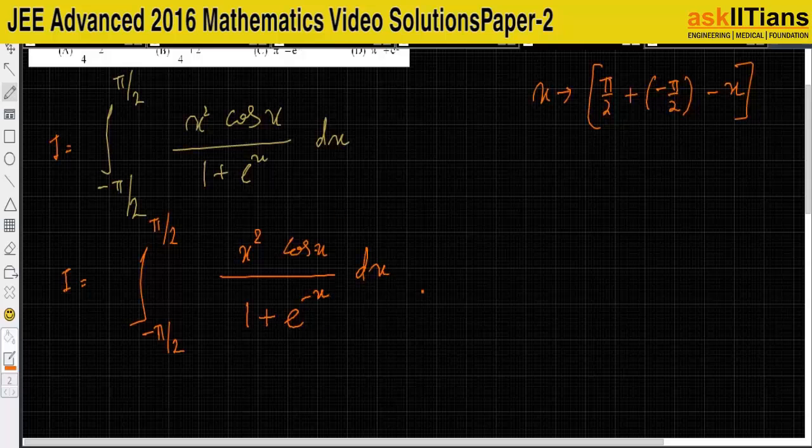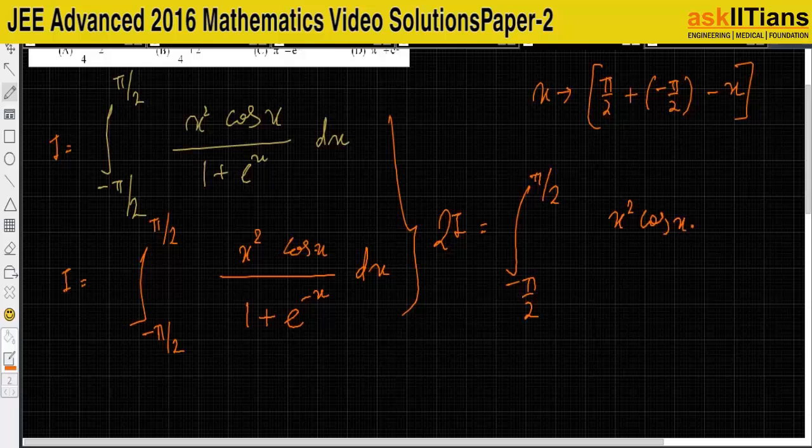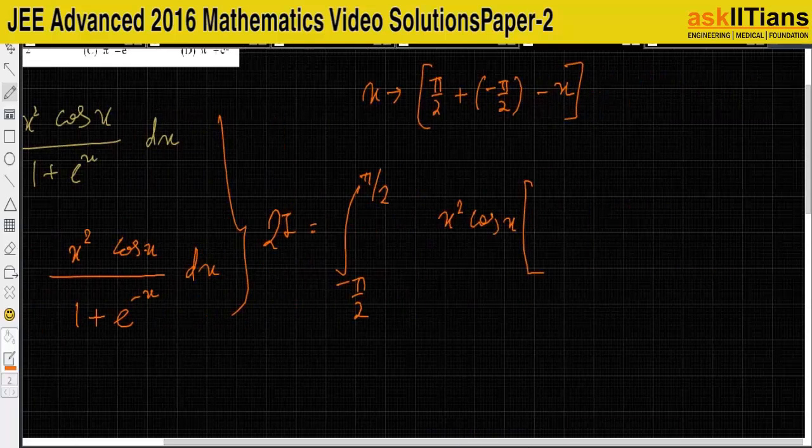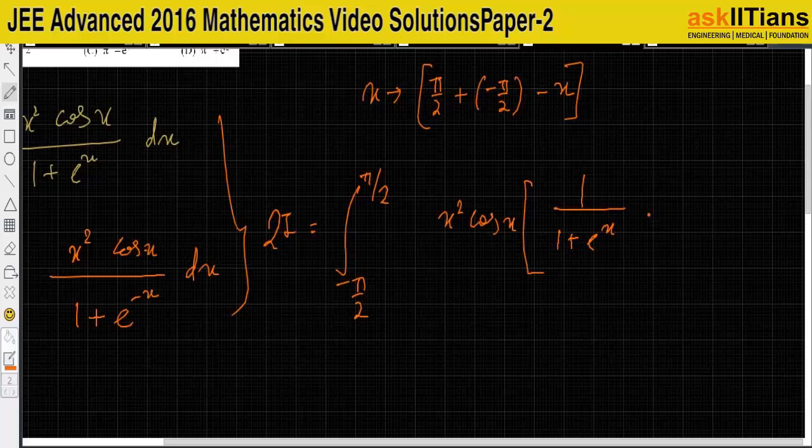Now if I add these two equations, I'll get 2I equal to minus pi by 2 to pi by 2, and x square cos x will come out common, and what I'll get here is 1 by e power x plus 1 by 1 plus e power minus x.